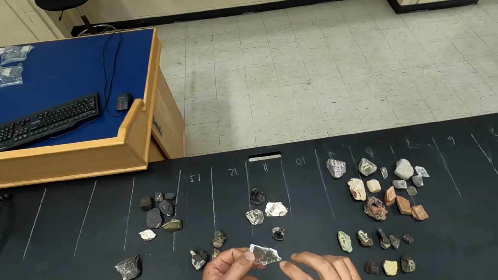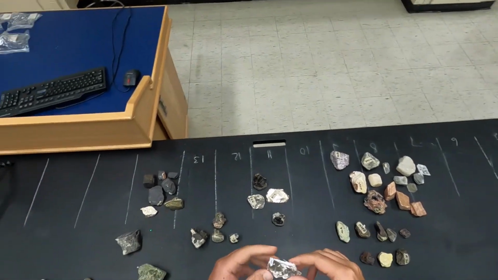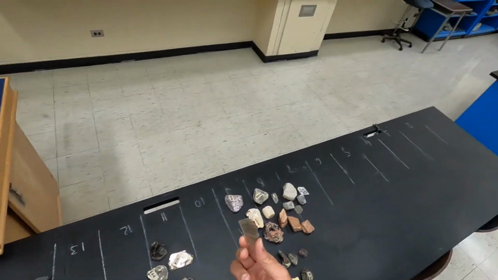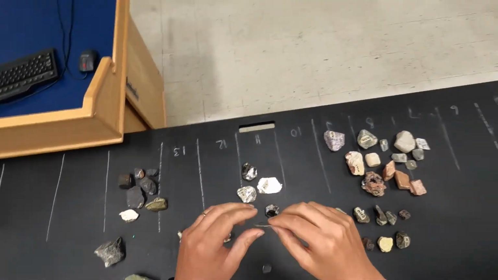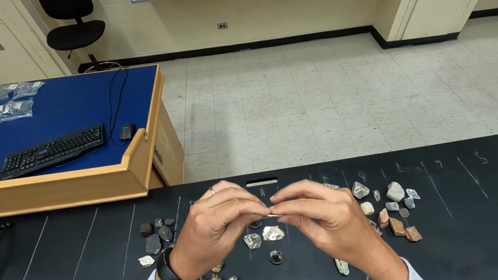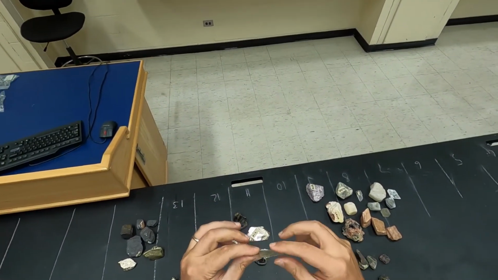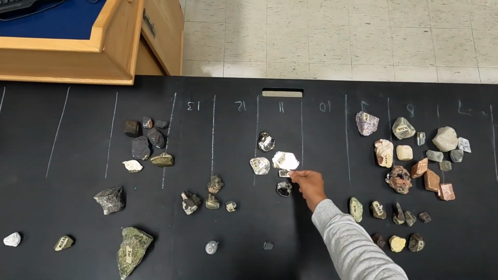So it does have a good reflectivity, but it's more translucent because of this transparency. That's an important property, and also it's quite flexible. You can flex these quite a bit. They flex, and that's also another good indication that you're dealing with a phyllosilicate.